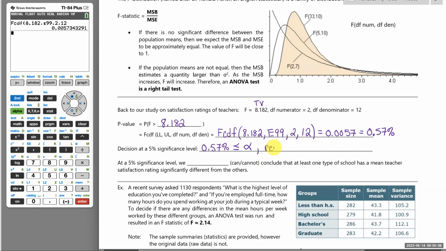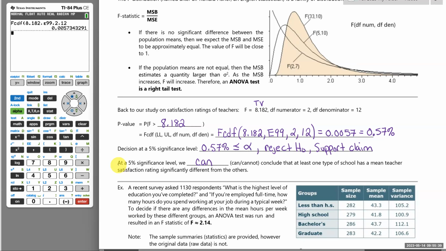So our decision will be reject the null hypothesis. And as always, when we reject the null, we are supporting our alternative, which for us was our claim. So at a 5% significance level, we can conclude that at least one type of school has a mean teacher satisfaction rating that is significantly different from the others.